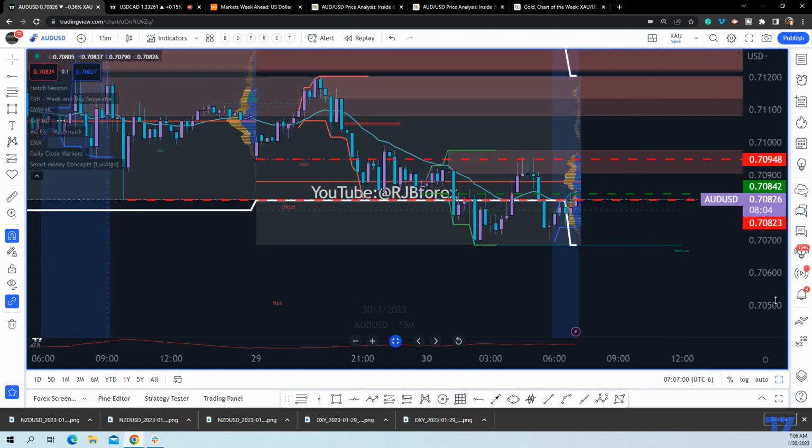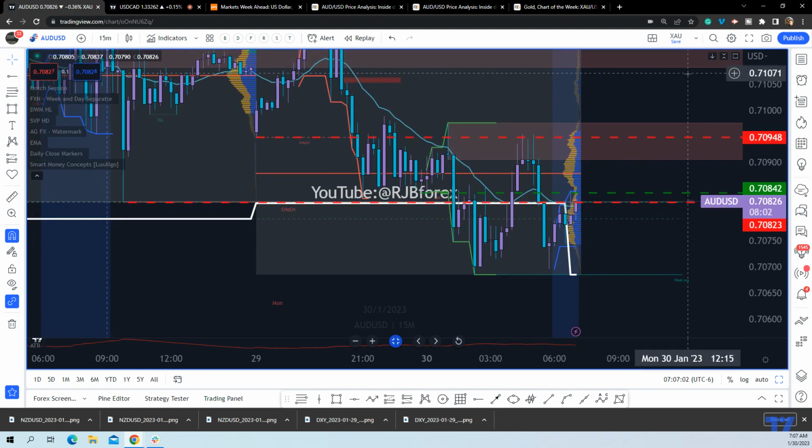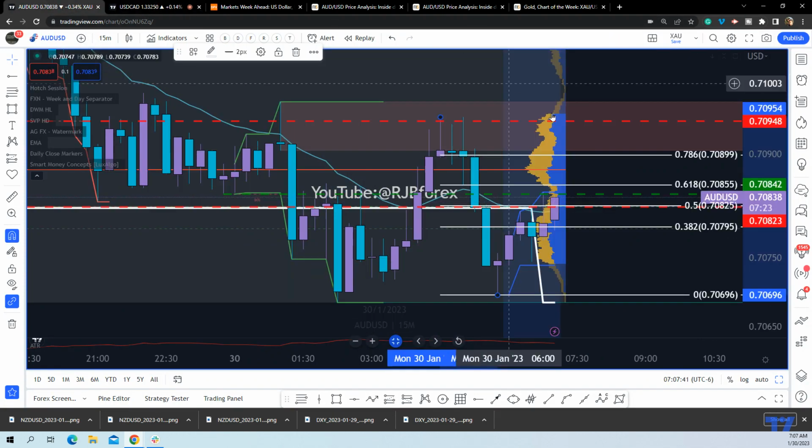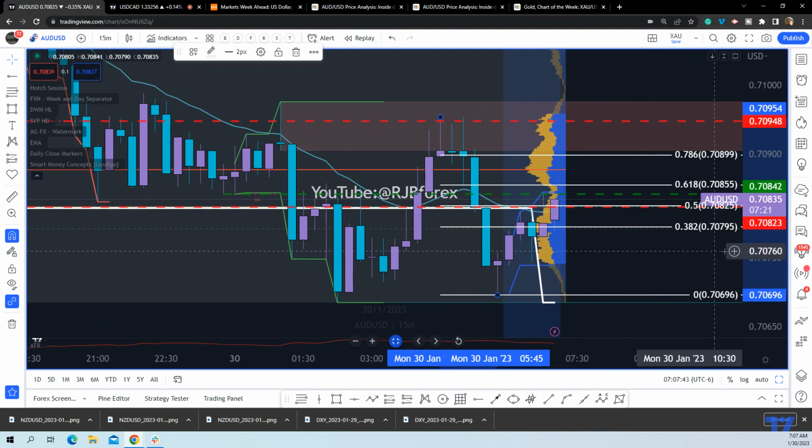Now we're having a correction of that. So we're back up into 61.8 of that impulse.